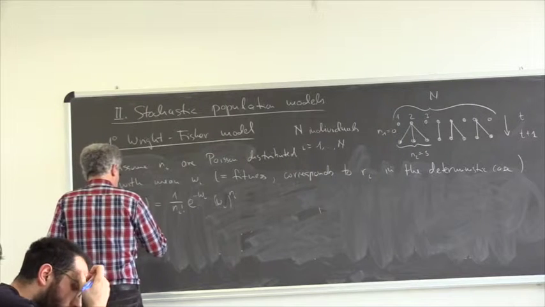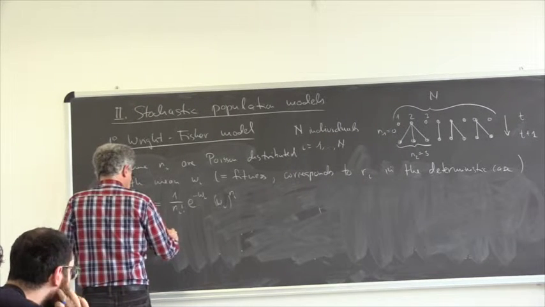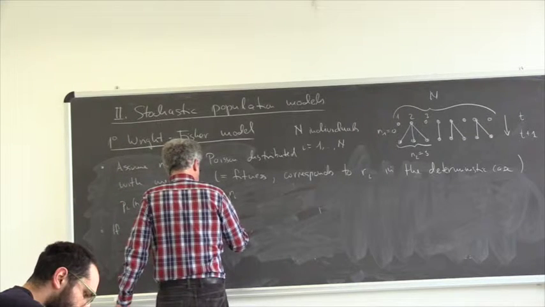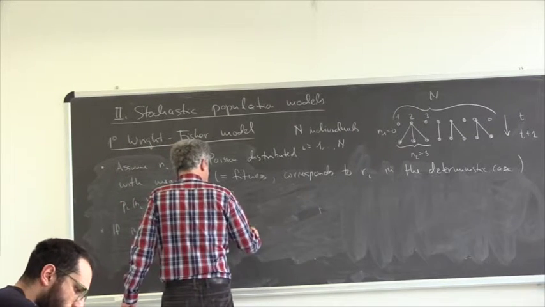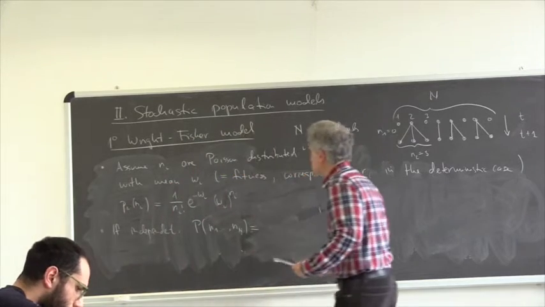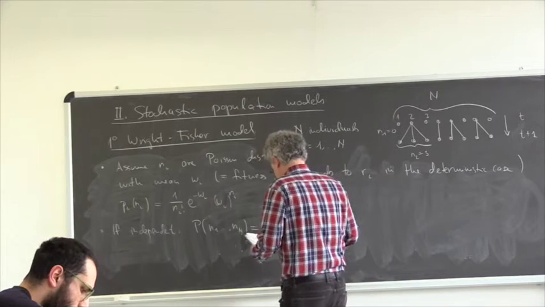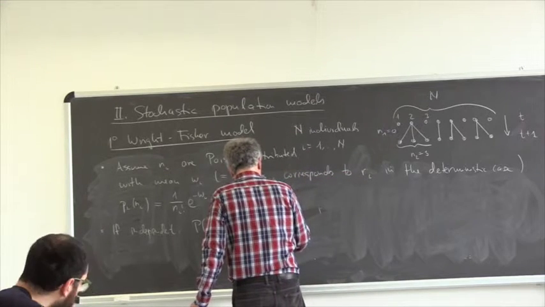And if this happens independently for all the individuals, then of course the joint distribution is just the product of these things.